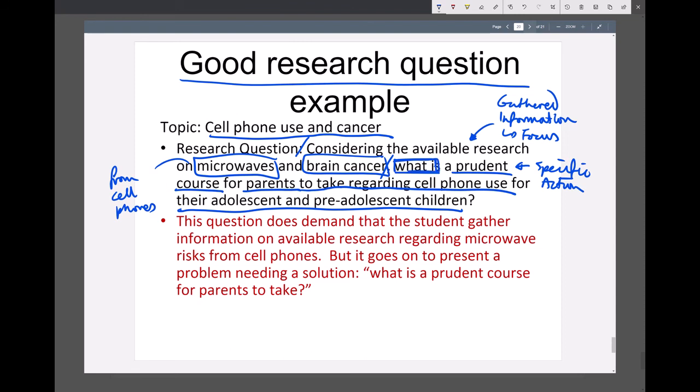So the next step, about the specific action, is to say why perhaps parents should, let's say, prudent course of action. So maybe regulate their children's cell phone use.